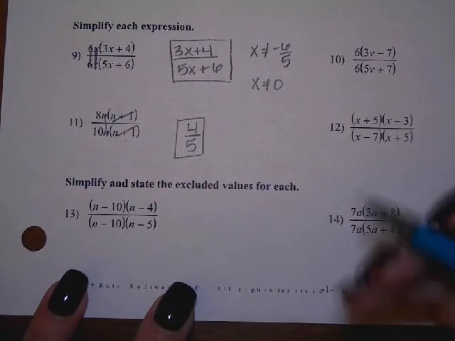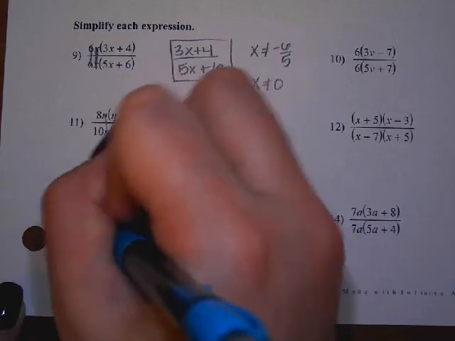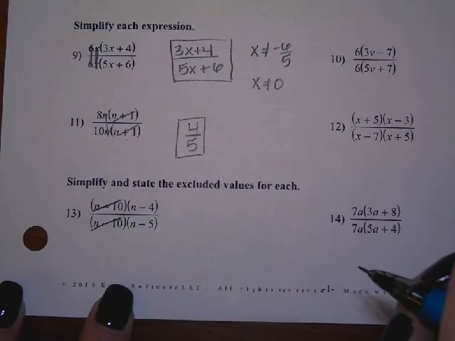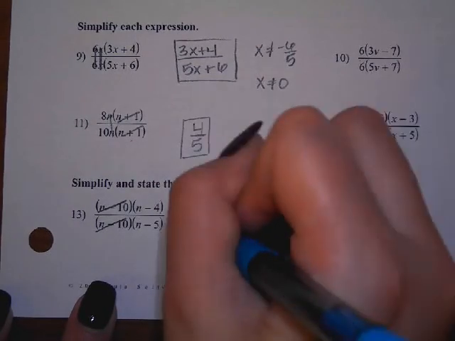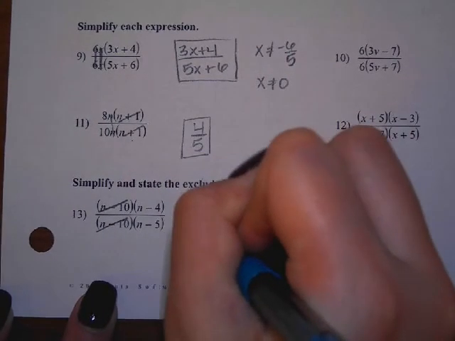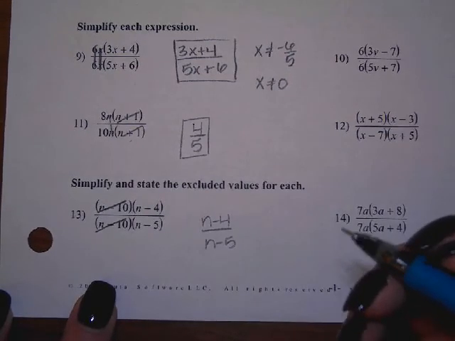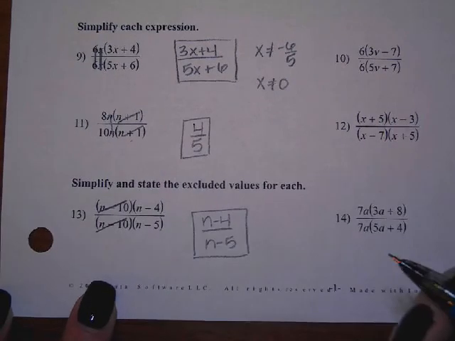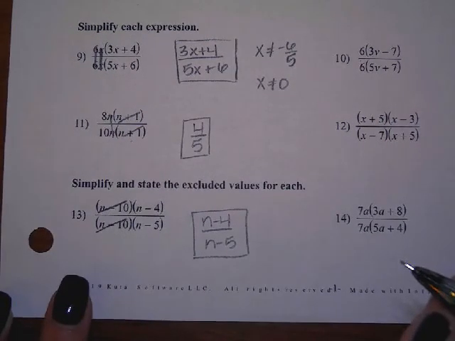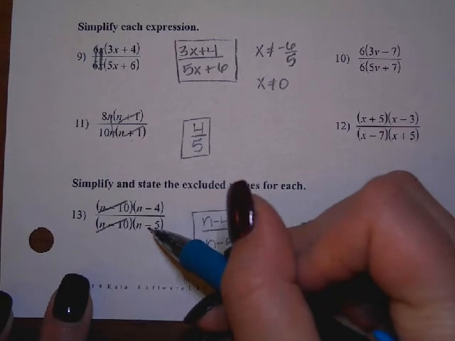Okay, so what can we cancel on number 13? Okay, so n minus 10, n minus 10. And what do we have left over? Can we cancel anything else? The ends, maybe? No, don't want to kill a puppy. I tried to kill a puppy. You guys wouldn't let me. I appreciate it. Okay. What are the excluded values? 5 and 10.